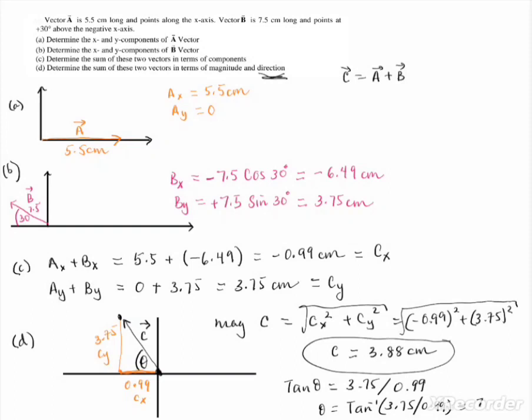And that is about 75.2 degrees, and that is the angle here. It's not the angle here or anywhere else. This is in the second quadrant, so it is very important that you draw Cx and Cy like this so you know which quadrant it is.